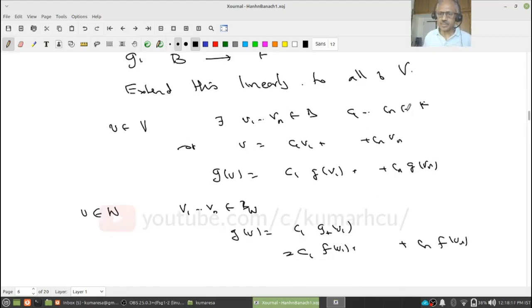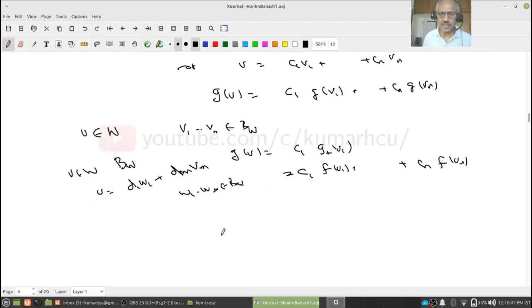Now since v is a vector in W, and B_W is a basis for W, v will be something like d1 w1 plus up to dm wm, where w1 to wm are in B_W and the dj are scalars.